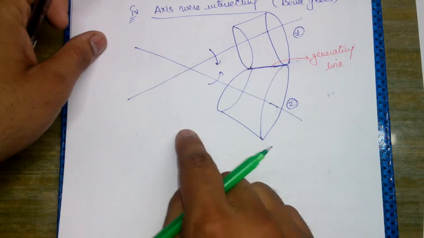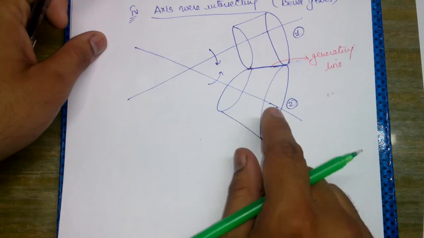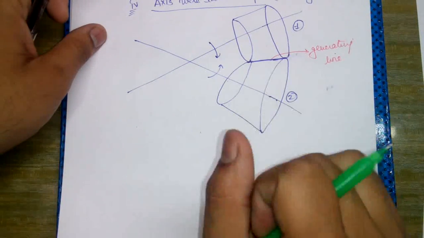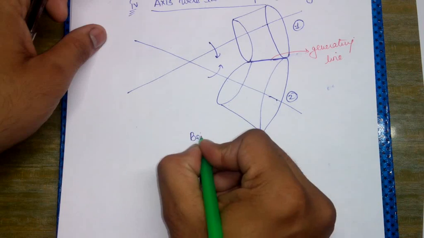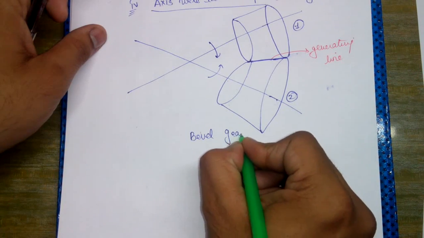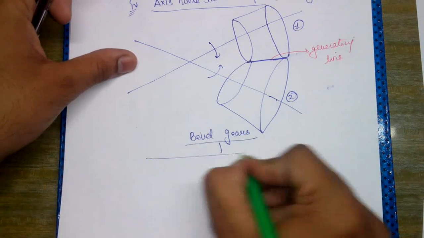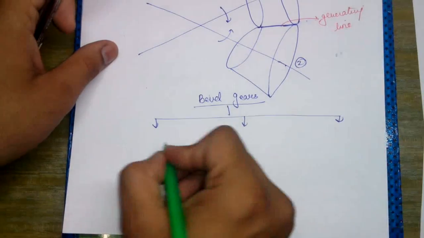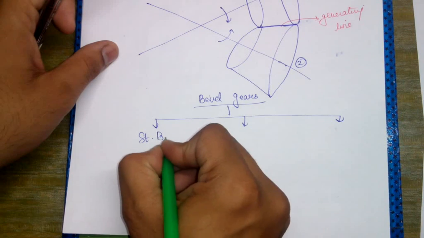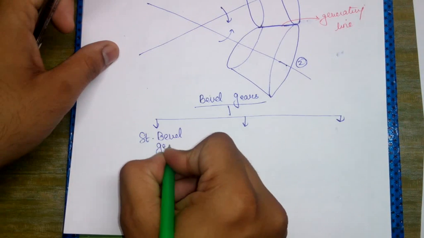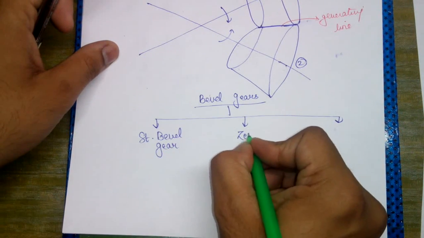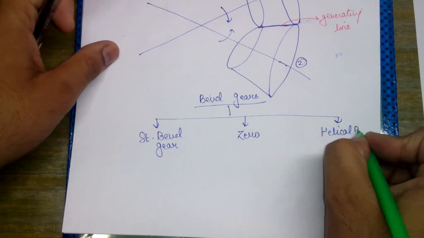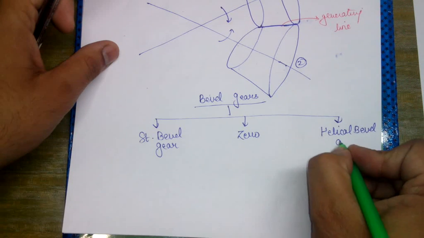Here the pure rolling motion can be transmitted between the two conical surfaces. These are actually conical surfaces which were in contact, and these bevel gears were further classified into three categories. One was the straight bevel gear, the other was the zero bevel gear, and the third was the helical bevel gear.